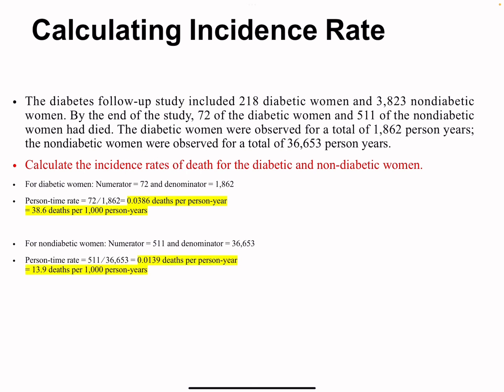Here the person time rate is going to be 511 divided by 36,653, and this is going to give us 0.0139 deaths per person per year. Again, we are going to multiply by 1,000 to have the incidence per 1,000 person. It is going to be 13.9 deaths per 1,000 person in a year.